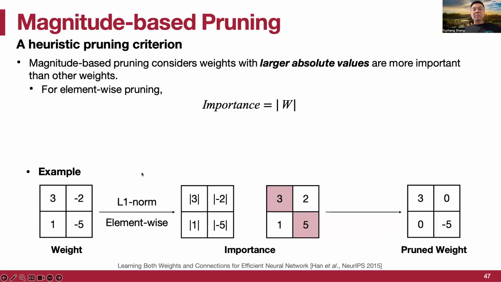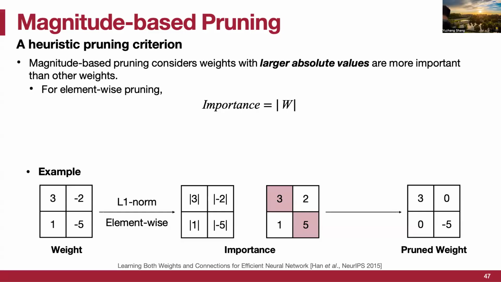It can also be used for convolutional layers. For example, for this 2 times 2 convolutional kernel, we can first calculate the L1 norm element-wise. The L1 norm is basically the absolute value of the different elements, right? Then we get this matrix.